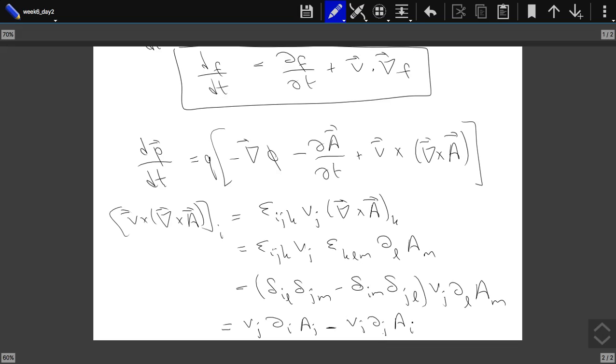Well, you see, Kronecker delta il multiplied with this one converts it to a derivative with respect to xi. Kronecker delta jm multiplying Am just makes it Aj, and I'm summing over j. In the second term, Kronecker delta im with Am makes it an Ai, and Kronecker delta jl multiplied with the partial derivative with respect to xl makes it a partial derivative with respect to xj.